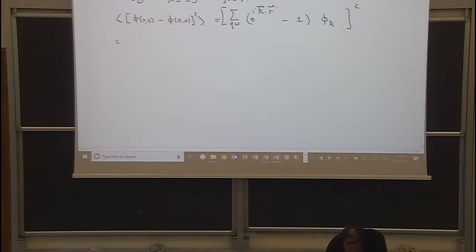And so at the end of the day, this is the sum over k1, k2 of exponential of i k1 r minus 1, exponential of i k2 r minus 1 times phi k1 phi k2. Now I can take here, because the field phi is real, phi star of minus k1, and I have to take the quantum average of this.